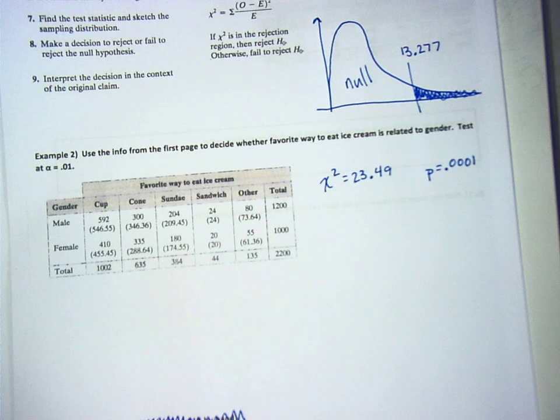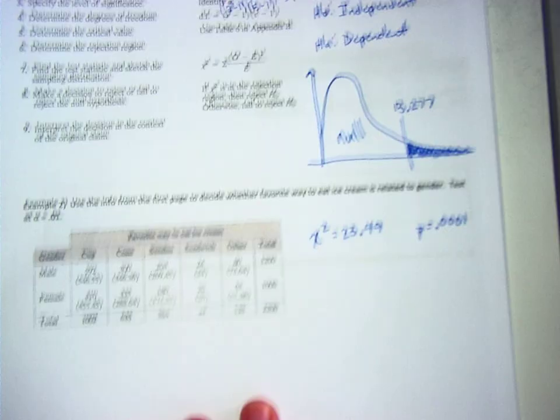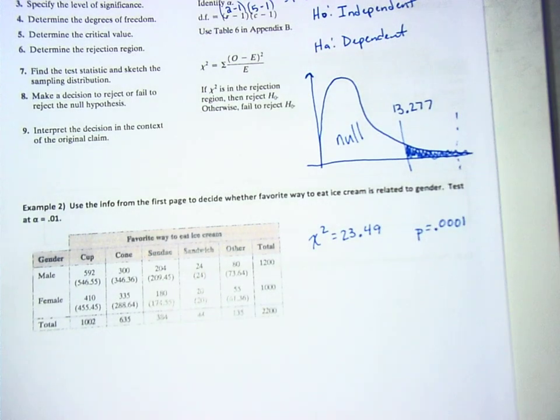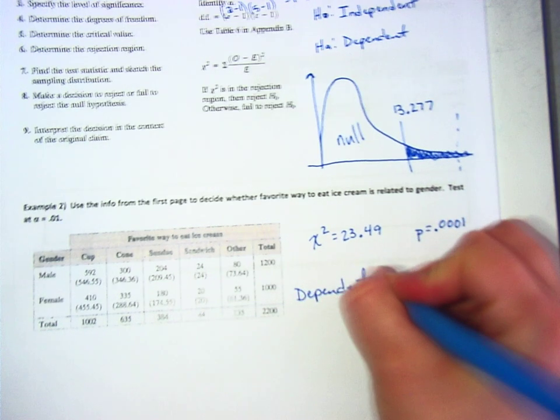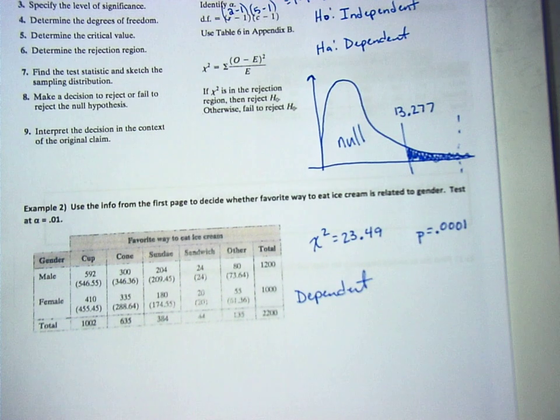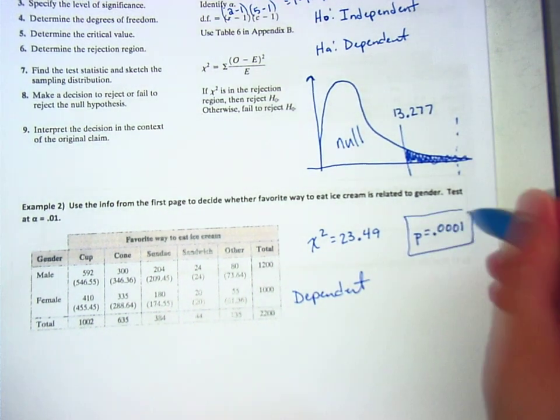All right, so this 23.49 is super over here. So what's that mean? We reject that it's independent, it's dependent. Now, because the test is only a week away, can somebody tell me, look up: could you do it if I had just given you the p-value and the alpha?